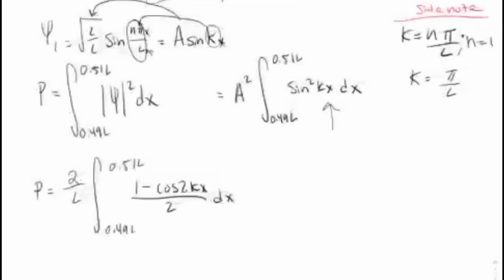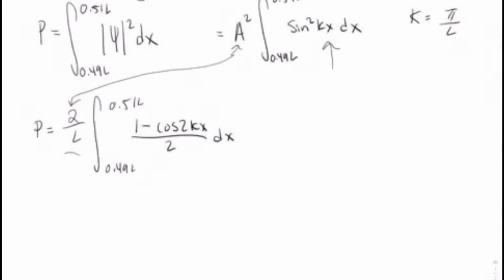And remember, A squared is just going to be 2 over L. Remember, we squared the square root, so now we just have 2 over L that we can pull out of the integral. So now the next step will be we can pull out the 1 over 2 that's over here, so we can further simplify what's inside of the integral.